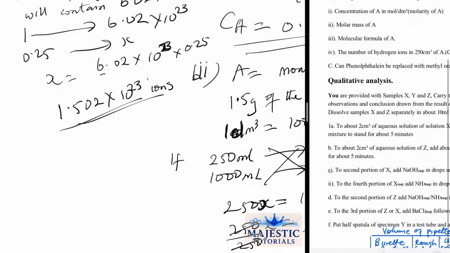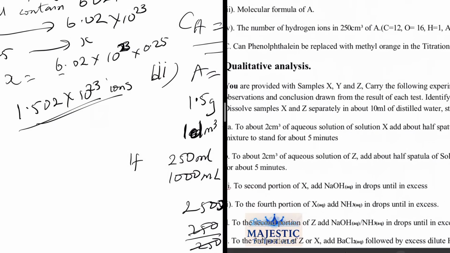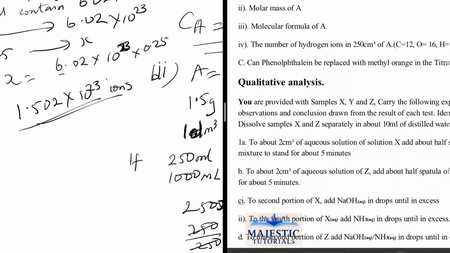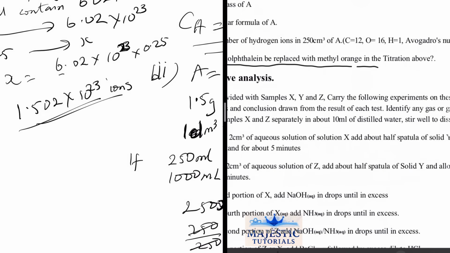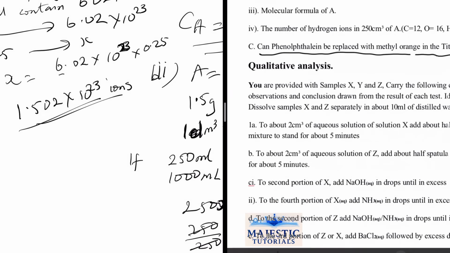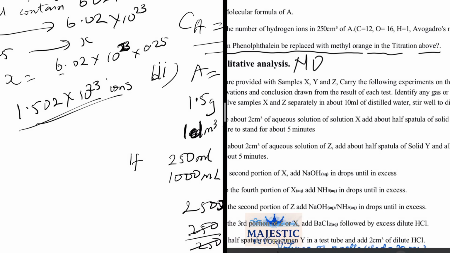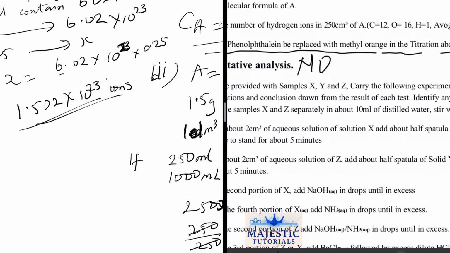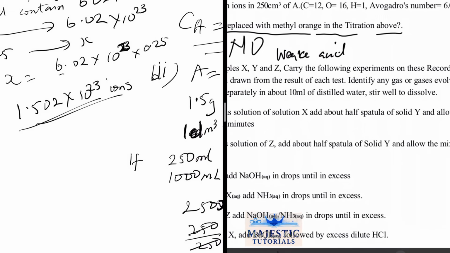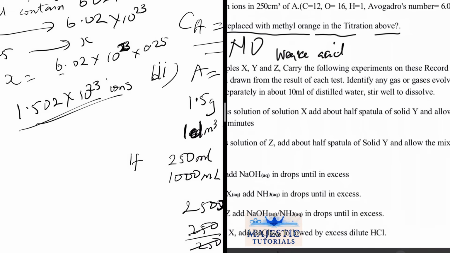So the next question says, can phenolphthalein be replaced with methyl orange in the titration above? The answer is no, because the titration is between, give reason or reasons for your answer, which will follow it. The titration is between a weak acid, and since they have told you carboxylic acid, all carboxylic acids are weak acids, all organic acids are weak acids.